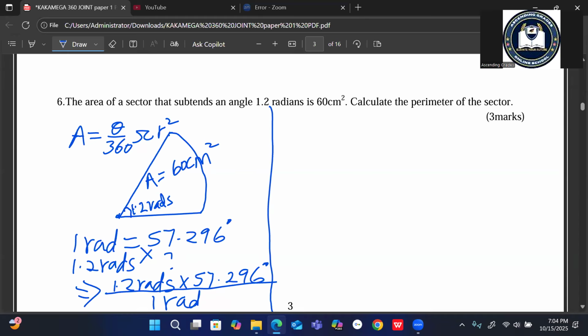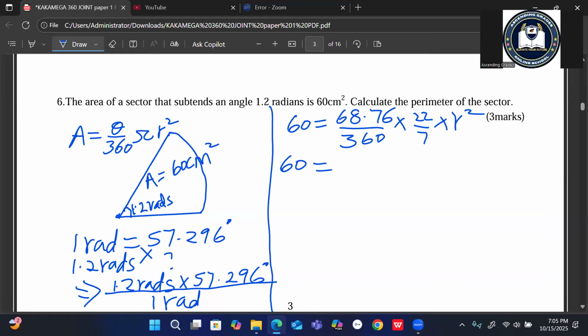Having converted 1.2 radians to degrees, our area is given by theta over 360 times pi r squared. So 60 should be equal to 68.76 out of 360 times 22 over 7 times r squared. That gives 0.6 r squared.